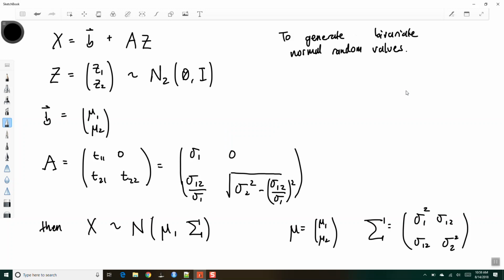So far we've just been talking about ways to generate random values for different random variables or different distributions, okay?